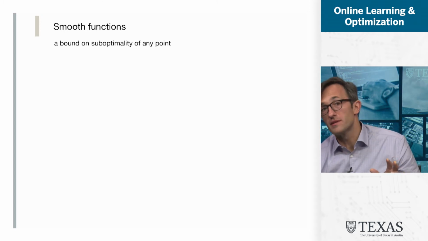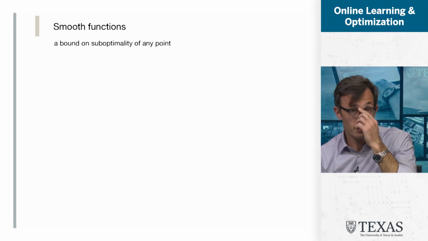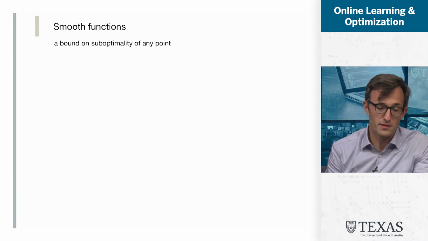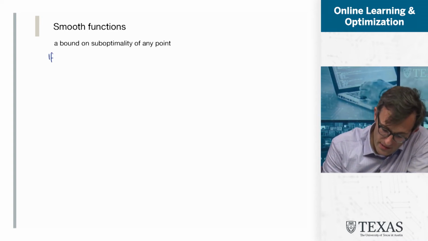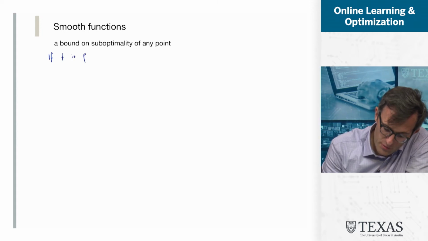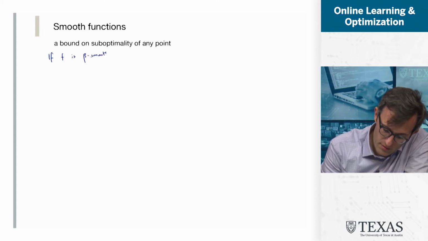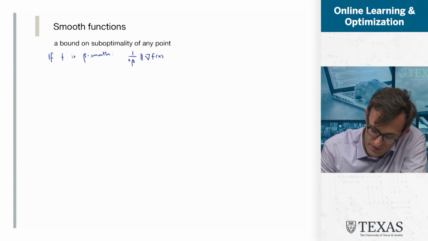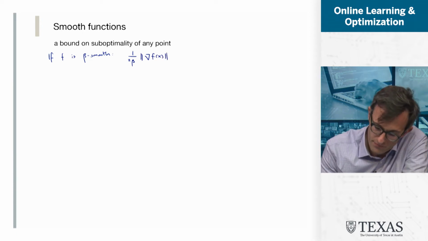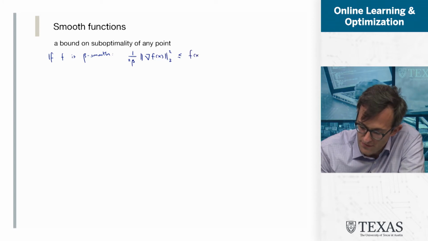There's some other properties that a function satisfies if it's smooth, and these are going to be useful for us in the future. Again, if f is beta smooth, then 1 over 2 beta times the norm of the gradient of f of x squared is less than or equal to f of x minus f of x star.